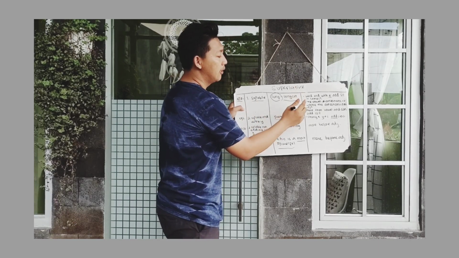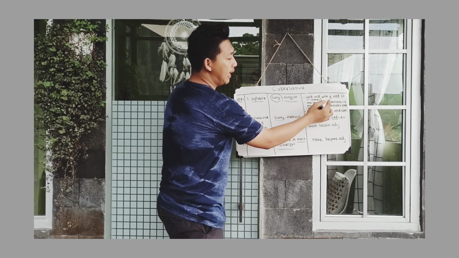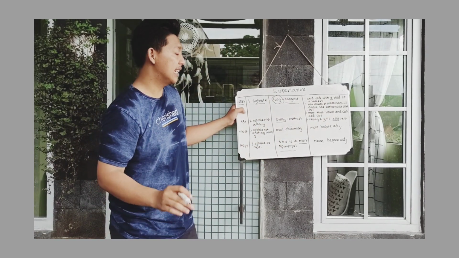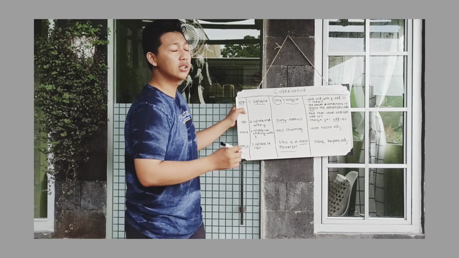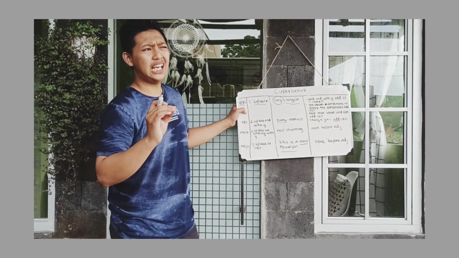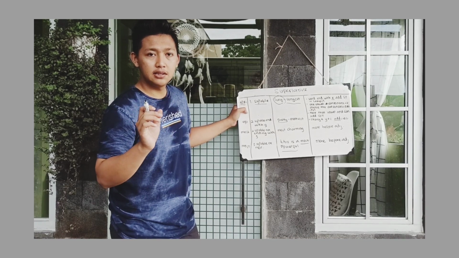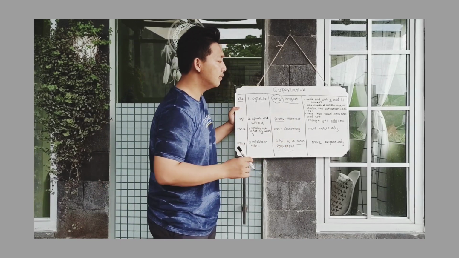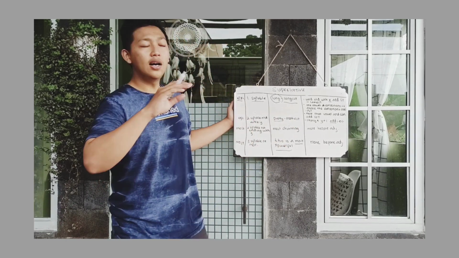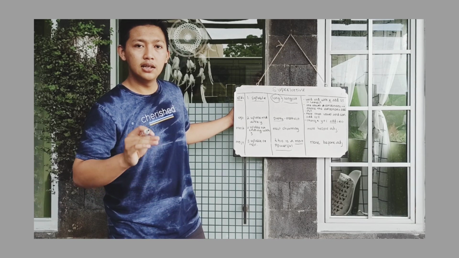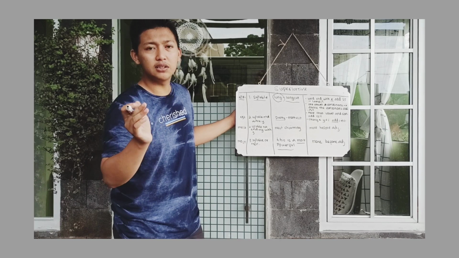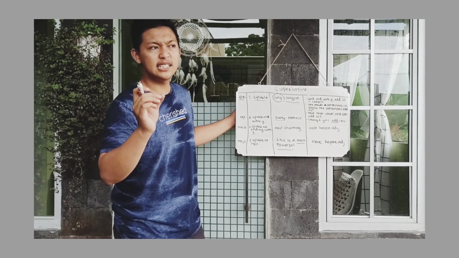The first, if there is a word ending with e, just add st. For example, the word lame, just add st, so it becomes lamest. And then the second, if there is 1 vowel and 1 consonant in the end, double the consonant and add est.